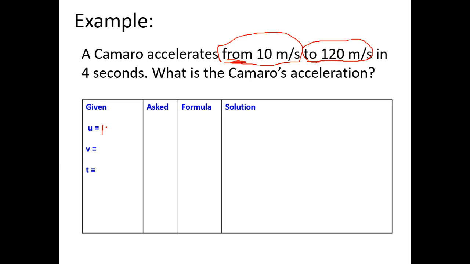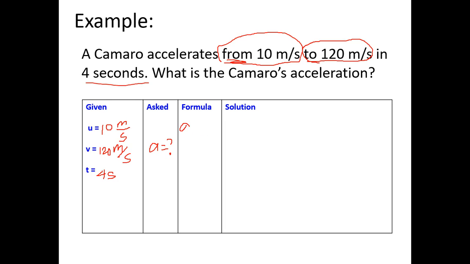So you go 10 meters per second. And this 120 should be your final speed, so you go 120 meters per second. And of course, there is your time, so you go 4 seconds. Now, what is asked in this problem? It says, what is the Camaro's acceleration? So the acceleration is unknown here.